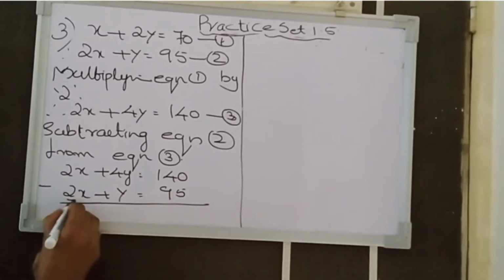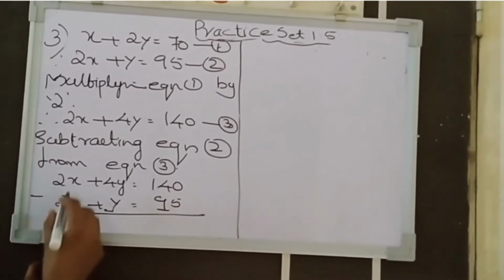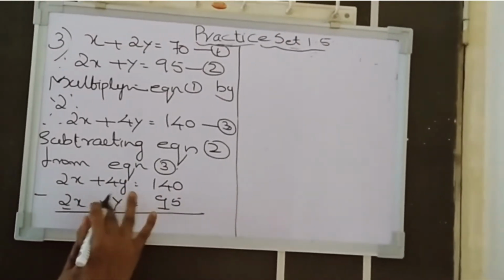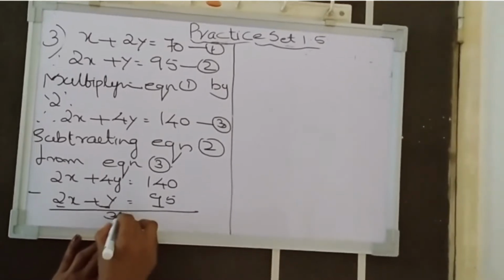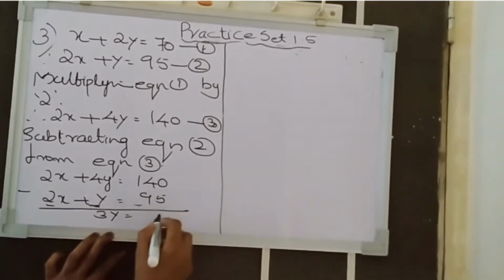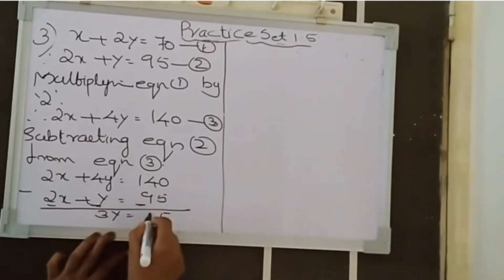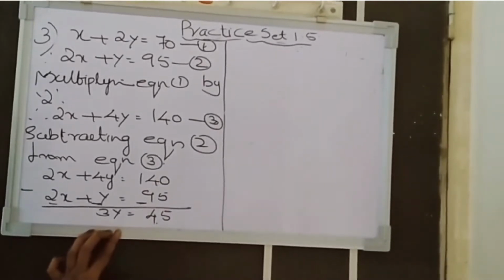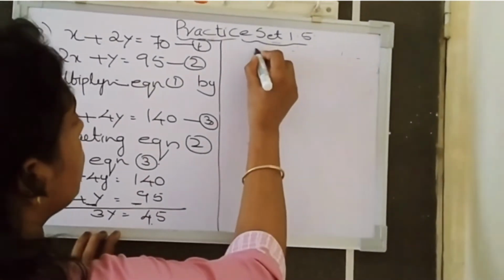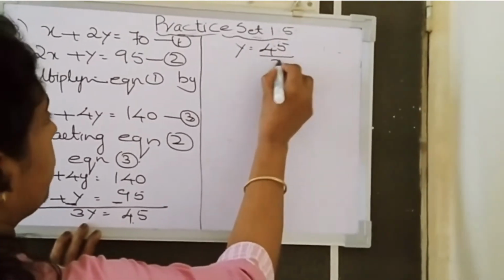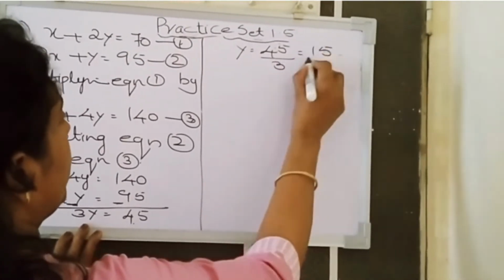Subtraction means the sign will be changed. Therefore, 2x and minus 2x is eliminated. 4y minus y equal to 3y equals 140 minus 95 is 45. 3y is equal to 45. Therefore, y equal to 45 upon 3 equal to 15.